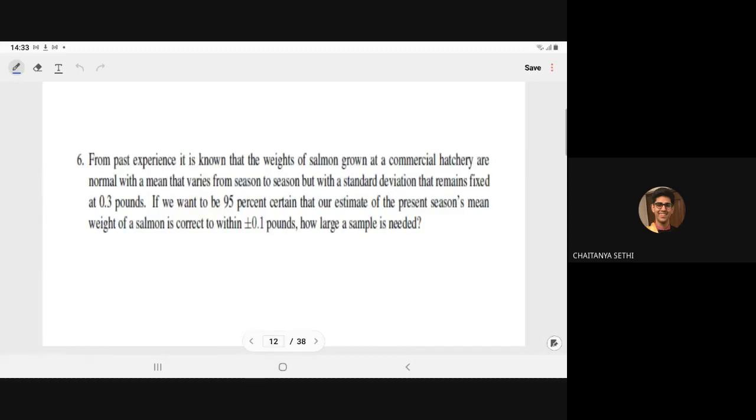If we want to be 95% confident that our estimate of the present season mean weight of the salmon is correct to within plus minus 0.1 pounds, how large a sample is needed? So that is the previous type of question. We have the width, we want the sample size.